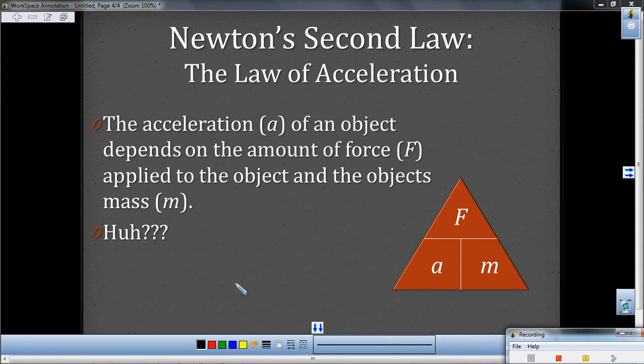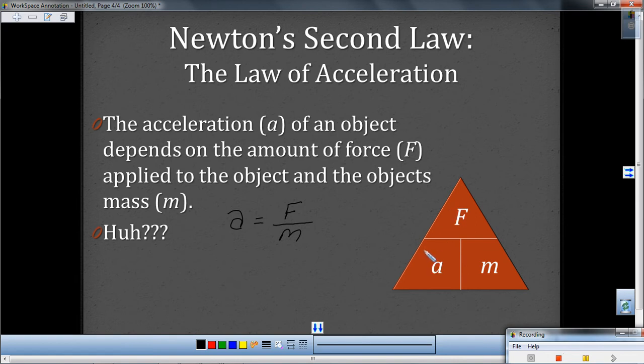Okay, so let's walk through this. Acceleration A of an object is equal to the amount of force, I'm going to call that F, divided by the object's mass. The way this triangle is going to help us is just like this.